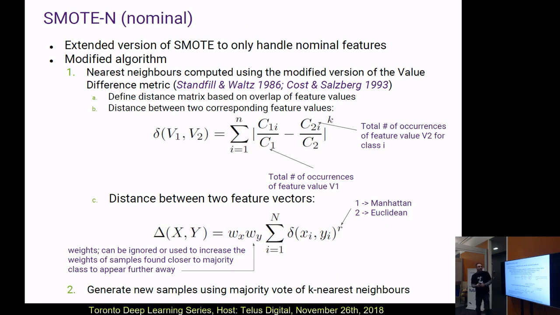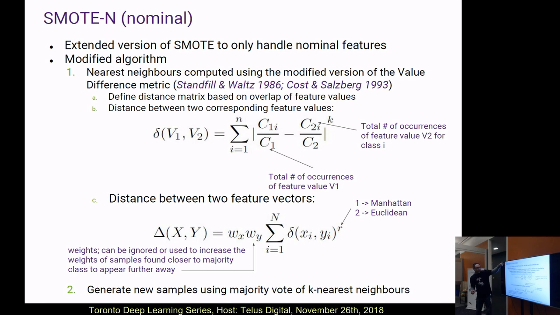Okay, and then lastly, they've mentioned another alternative form for just nominal data, and this would be instead of treating everything in one-hot encoded space, they calculated a modified version of the distance metric according to those citations there. They're actually defining a distance matrix where each element in the distance matrix is based on the overlap of the features. I know it gets pretty complicated, so this would be the distance matrix that you form.